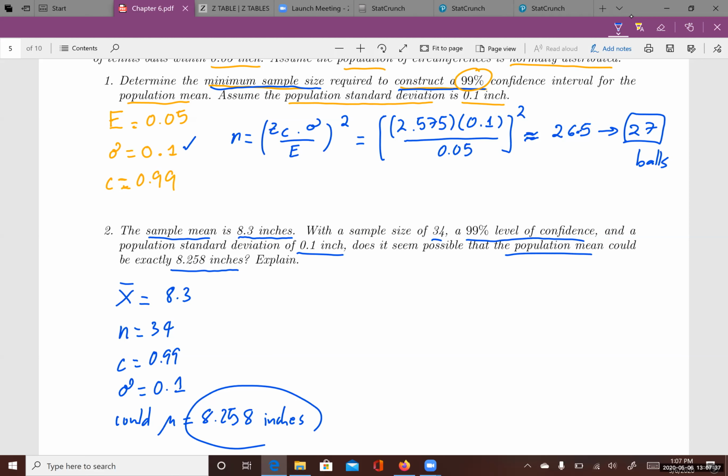Well, let's construct a confidence interval. First we need to find E, which is zc times sigma over square root of n. zc, we found here, is 2.575 for a 99% confidence interval. Sigma is 0.1, and now it's square root of 34.